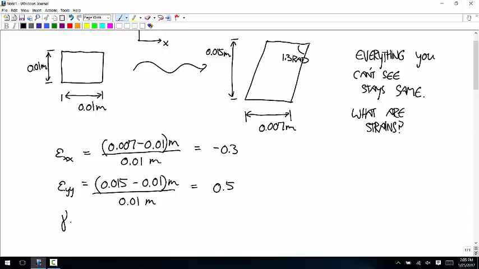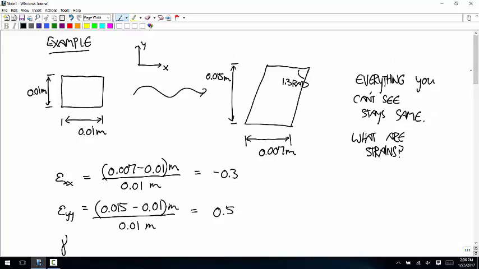The last one is the shear strain between the X and Y faces. Is that 1.3 radians the angle that we want to calculate this, or do we want the angle across from it? Well, yeah, you're right about the diagonal. I was thinking we either want this one or this one.